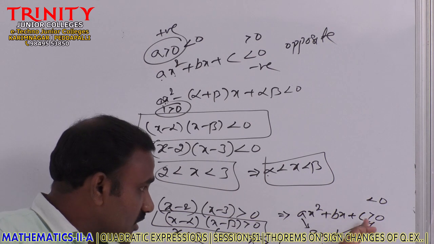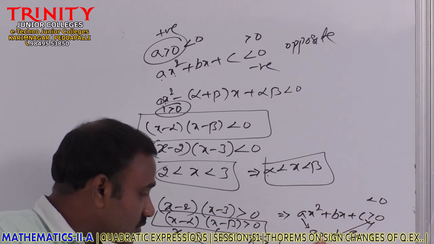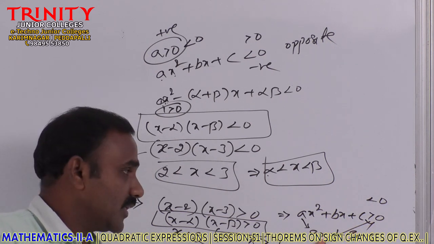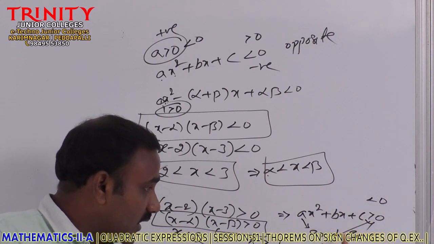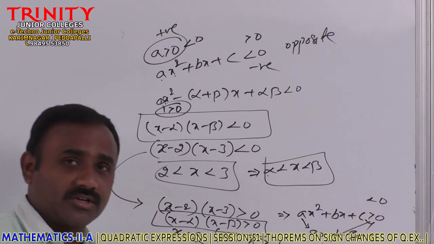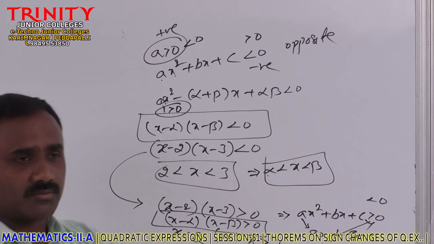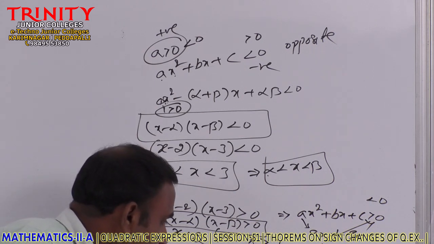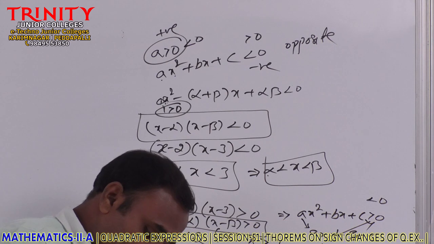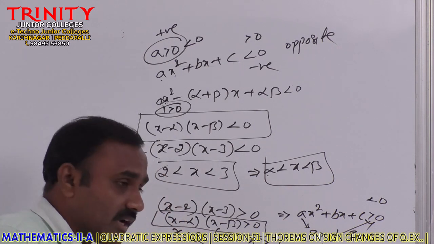Whenever the expression is positive and the coefficient of x square is also positive, or the expression is negative and the coefficient of x square is also negative, both having the same sign, then x doesn't lie in between alpha comma beta.